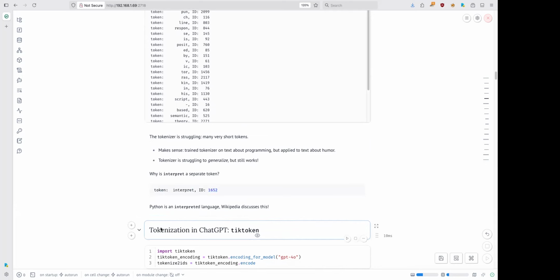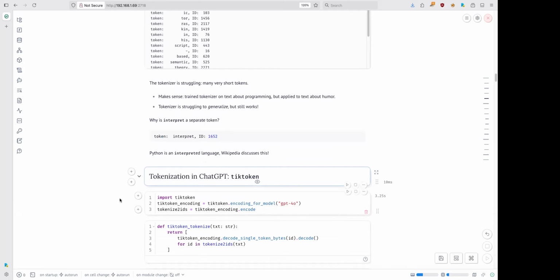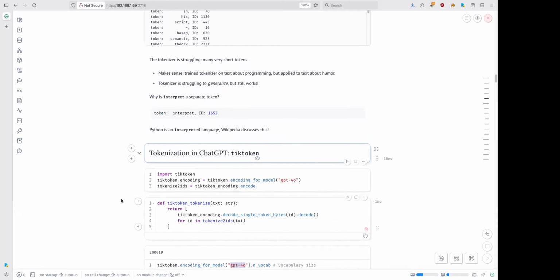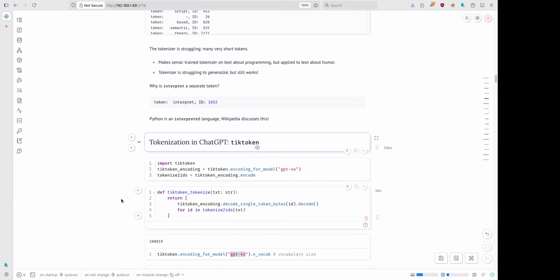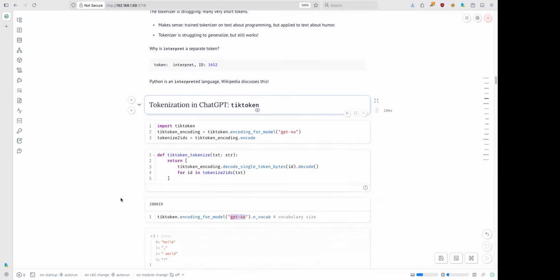Let's move on to how an actual language model works. Let's see how ChatGPT approaches the problem of tokenization. We see that OpenAI provides a library called TikToken that implements the literal tokenizer used in ChatGPT. So this isn't some kind of toy.